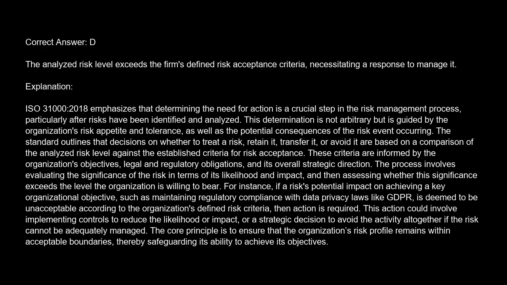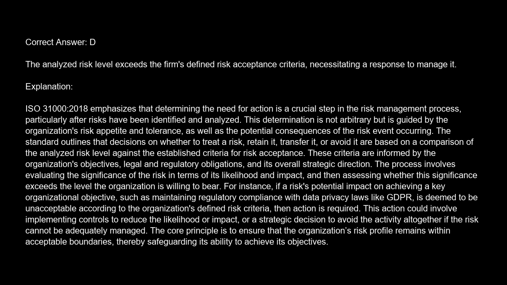The process involves evaluating the significance of the risk in terms of its likelihood and impact, and then assessing whether this significance exceeds the level the organization is willing to bear. For instance, if a risk's potential impact on achieving a key organizational objective, such as maintaining regulatory compliance with data privacy laws like GDPR, is deemed to be unacceptable according to the organization's defined risk criteria, then action is required.